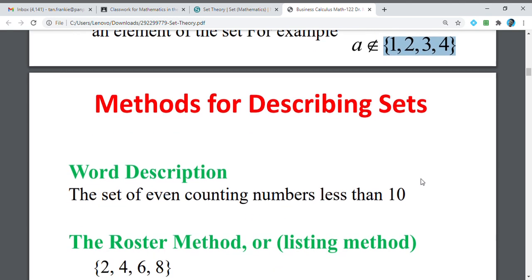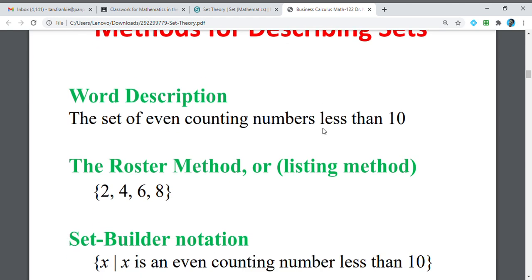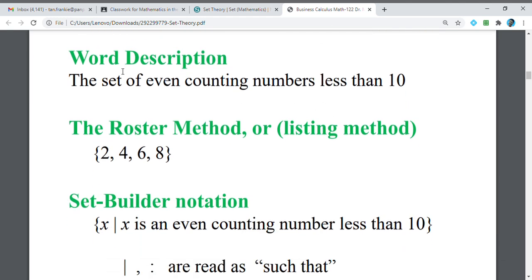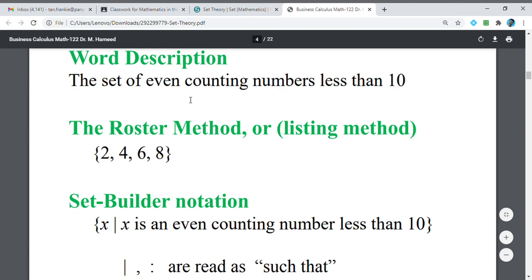Okay, let's go to the different ways of describing set. So we have word description, we have the roster method, or this is known to be the listing method, and we also have the set builder notation.